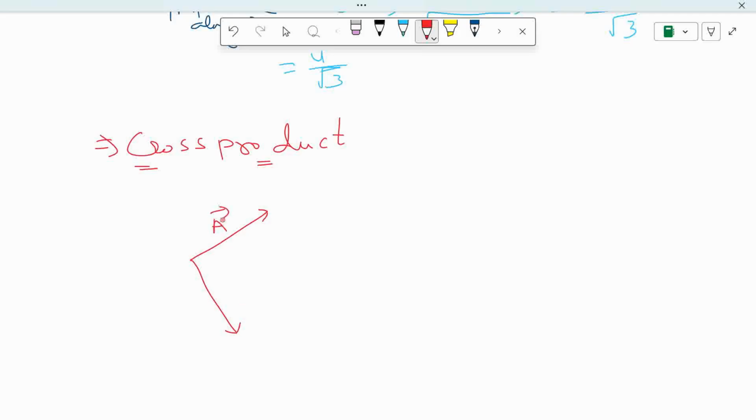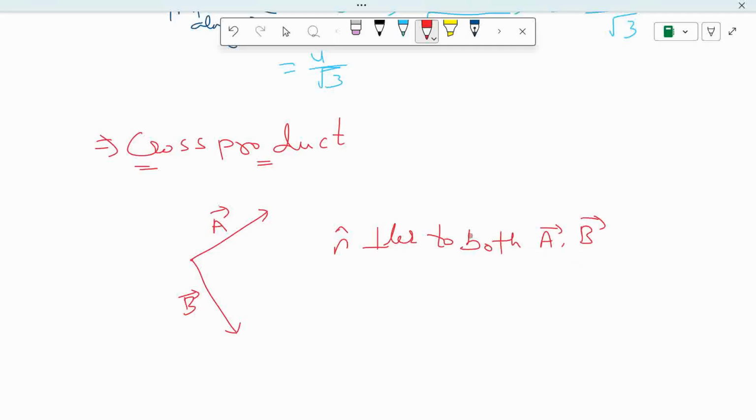Suppose let's say this is A bar and B bar. Now these two vectors, not forces, sorry, these two vectors are giving the effect in a direction perpendicular to this plane. So let's say n cap is perpendicular to both A bar, comma, B bar.